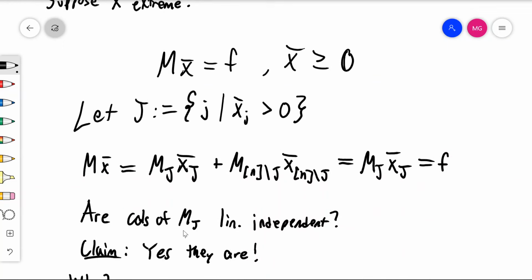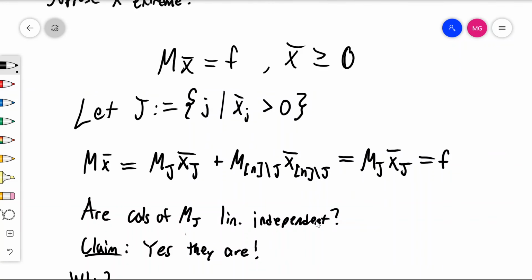And now the question is, are those columns of M indexed by J linearly independent? Because if they are, then you can extend those linearly independent columns to a basis for the linear program, and then x bar will be a basic feasible solution for that basis.